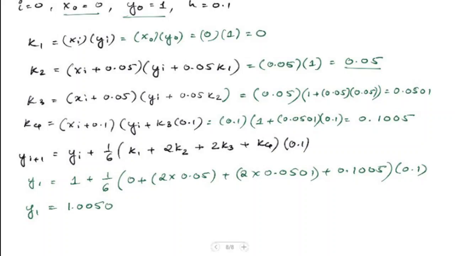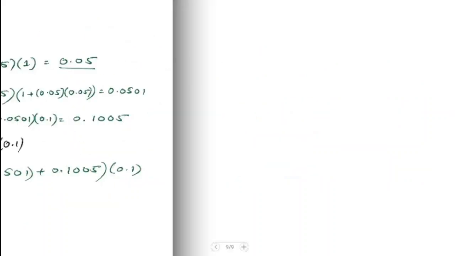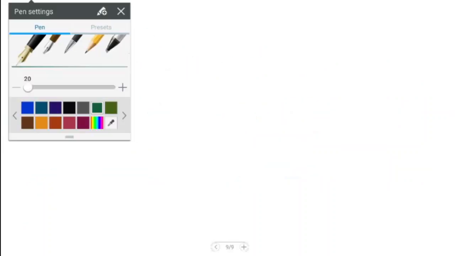Okay, now let's go ahead and work out for when i is equal to 1. x1 is, we have x0 plus i times h, so x0 is 0, 0 plus i is 1 here, times h is 0.1, so x1 is 0.1 here.